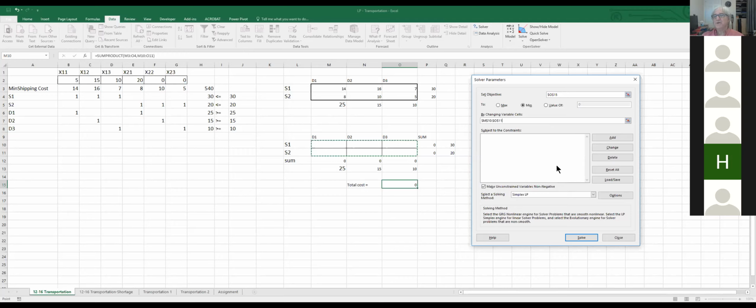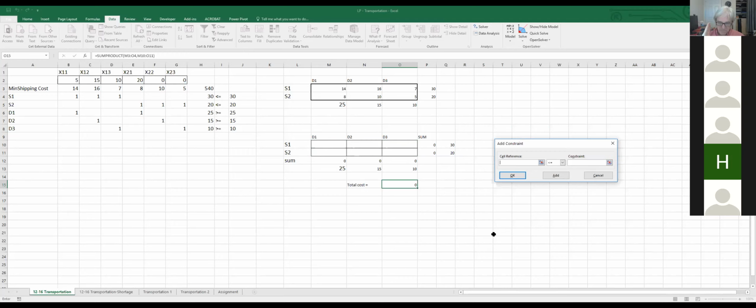Now I'm adding constraints. Add. I'll do it twice. First of all, I'll have exactly the signs that I have here. So supply, the two supplies together must be less than or equal to the two available supplies, capacities.